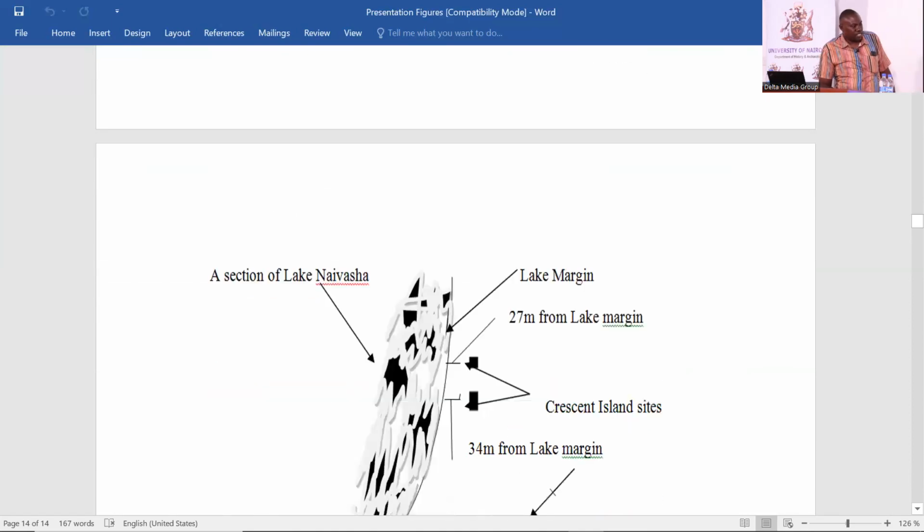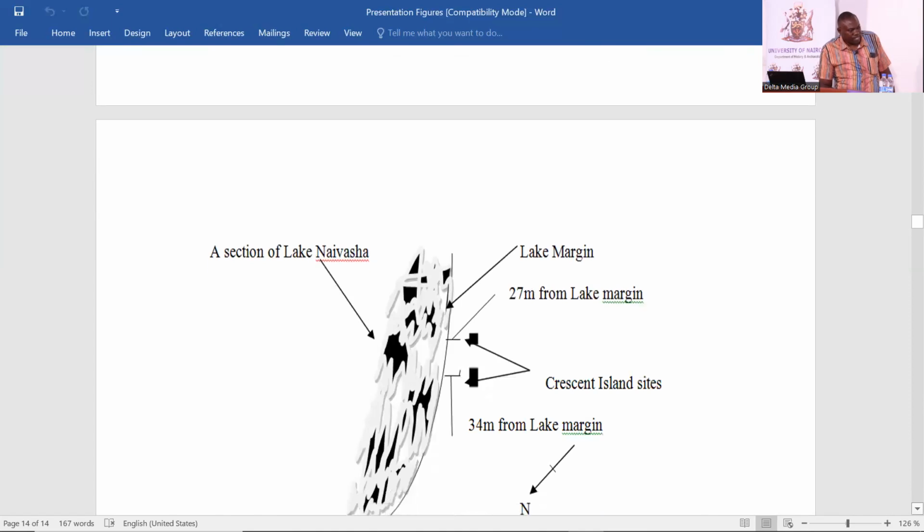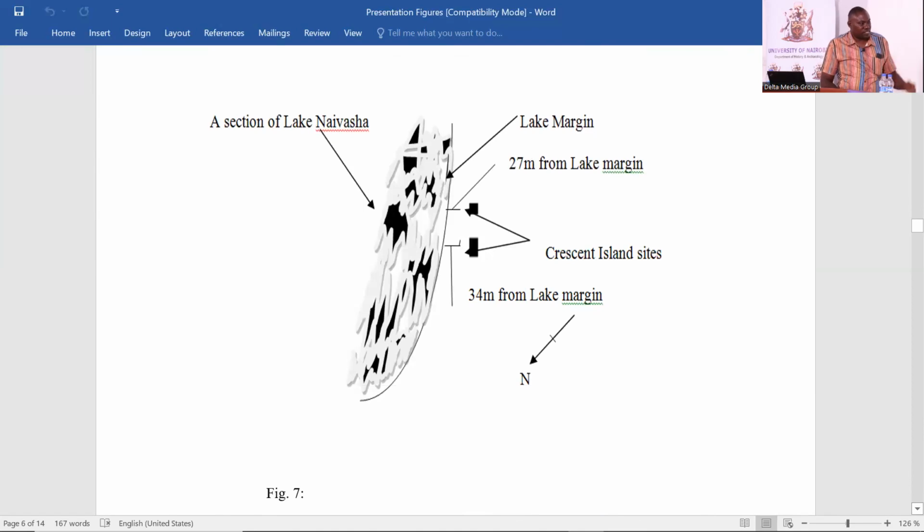These are measurements that were done on the two sites. You can see where the notation is. We have Crescent Island site number 1 and 2, and the distance from the shoreline. This distance has an archaeological implication, especially in terms of use of space.